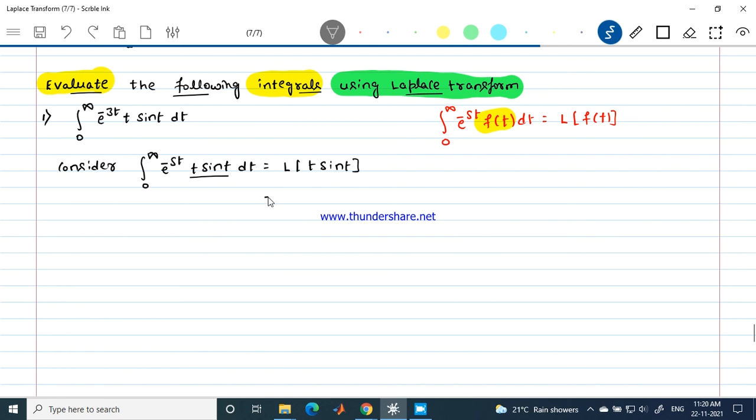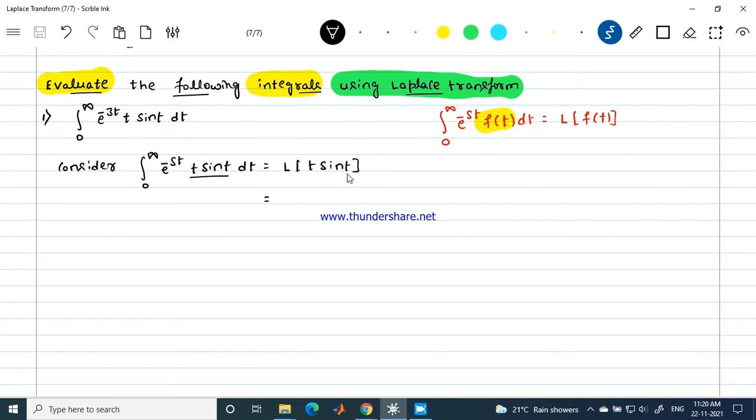Okay, so this is equal to Laplace of t sine t. So this is product of two functions with one of the function is t power n. The formula says it's minus 1 power 1 d by ds of L of sine t. This is minus d by ds of 1 upon s square plus 1.